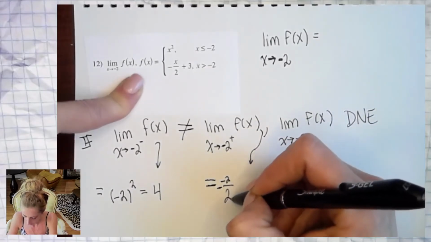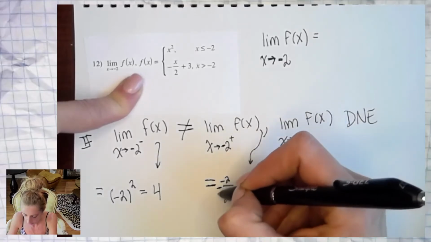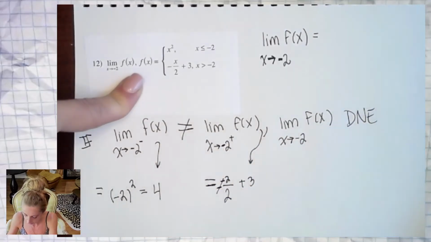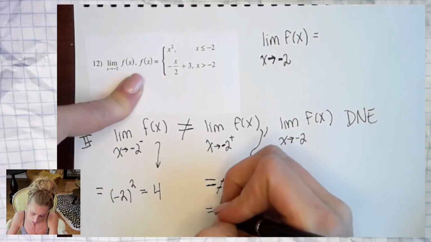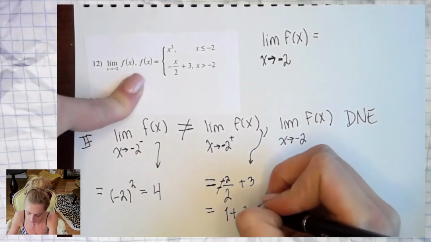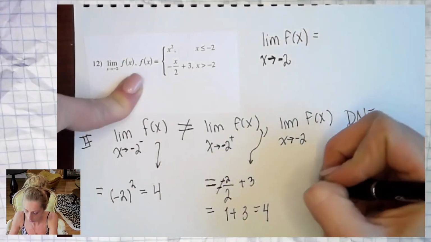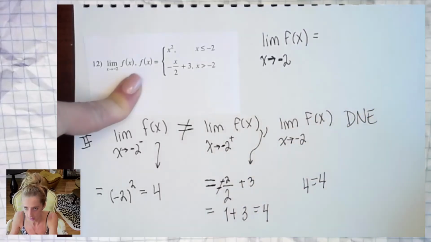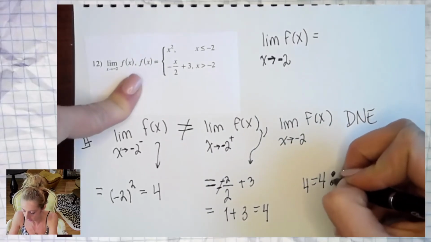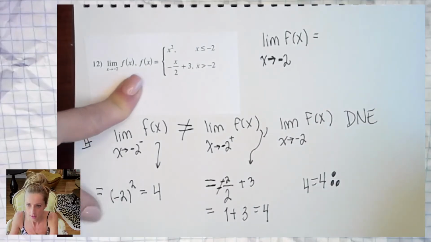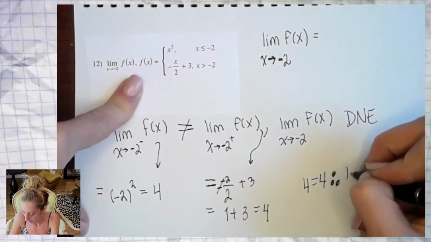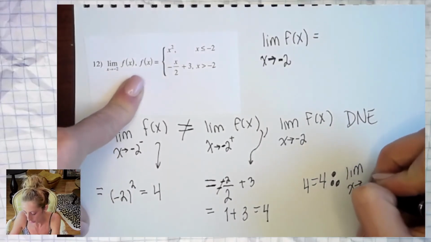Over 2 plus 3. Two negatives, obviously positive. 2 over 2 is 1, and 1 plus 3 is 4. Ooh, 4 equals 4.